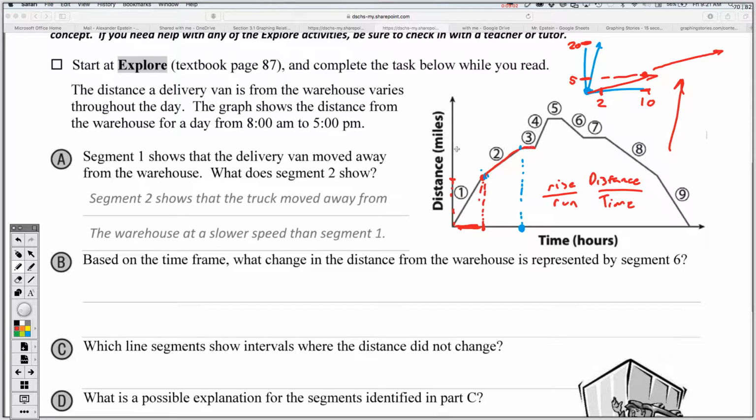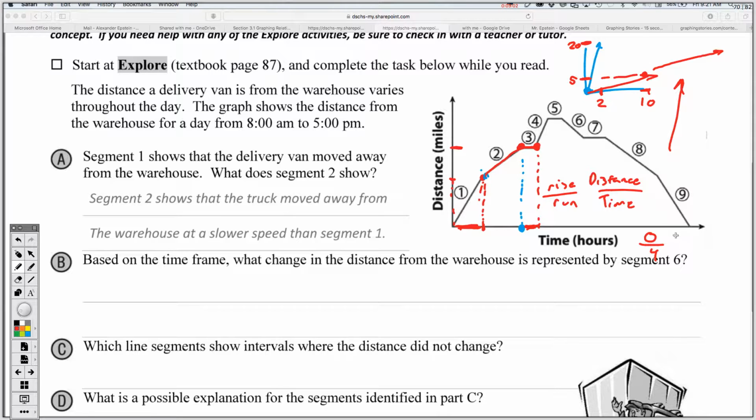What distance did you cover from this point to this point? How much of a rise did you have? None. How much time went by? Not much, just that little segment, right? Whatever this segment is. So 0 over any number, let's just say it was like 4.